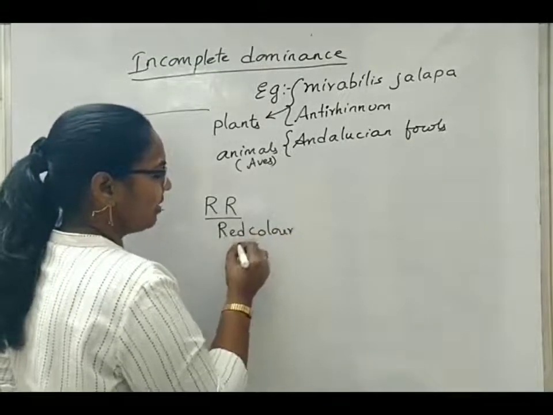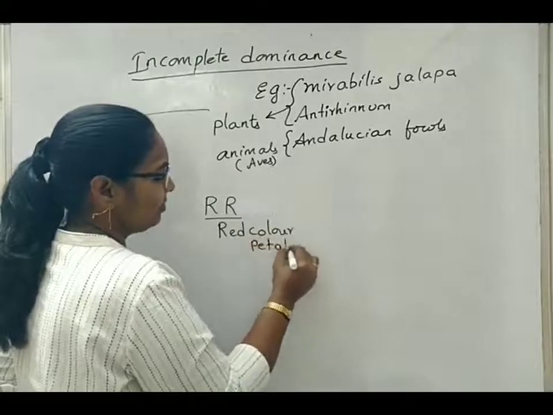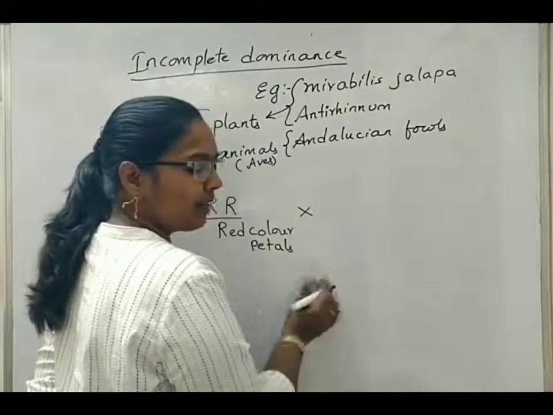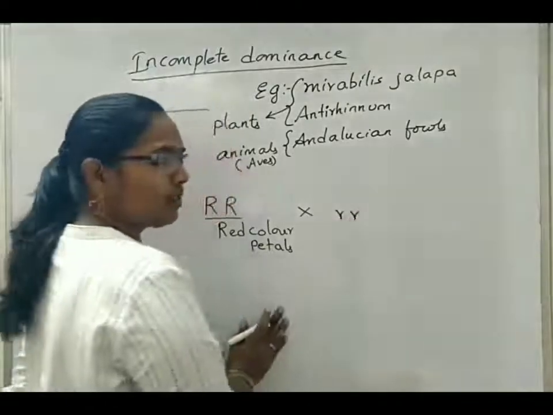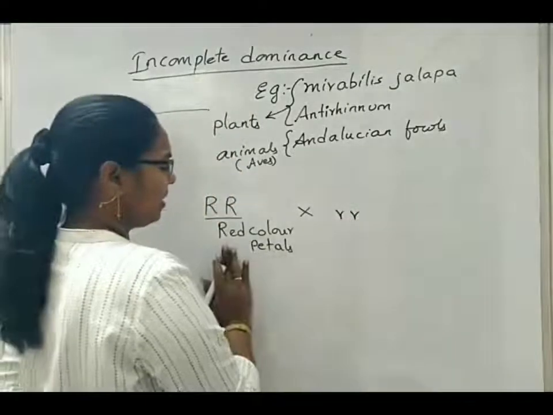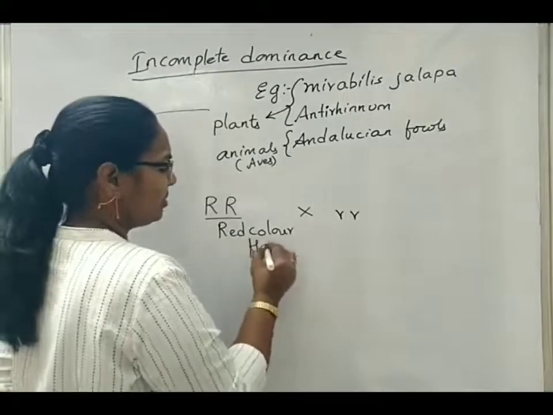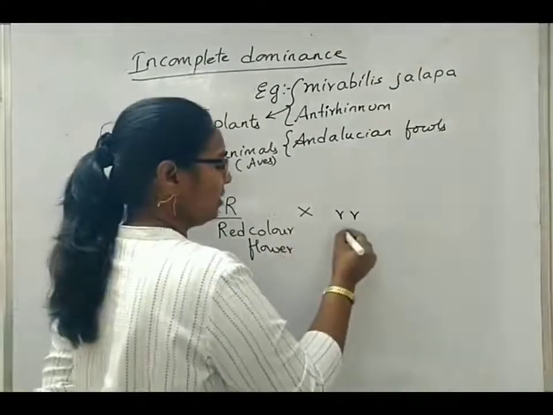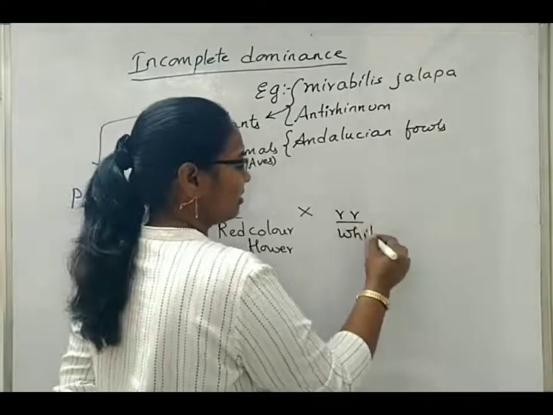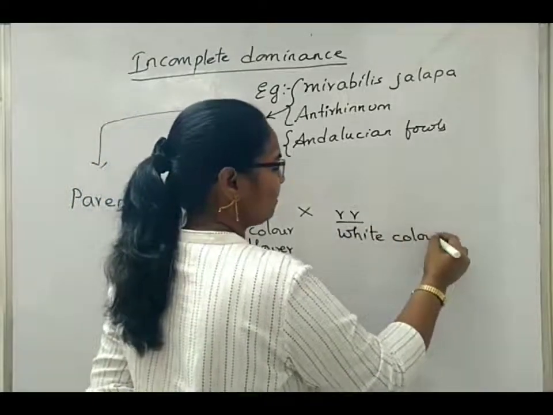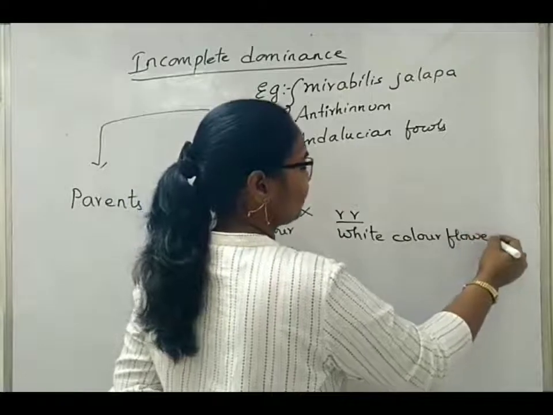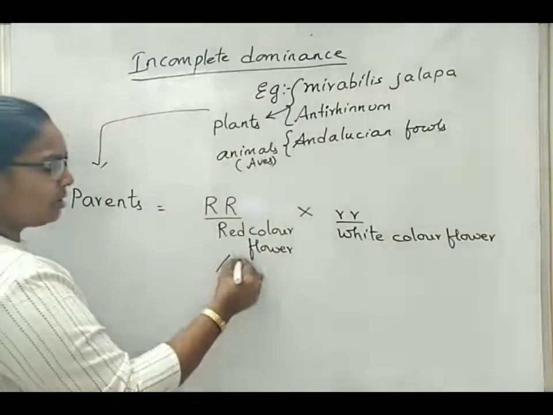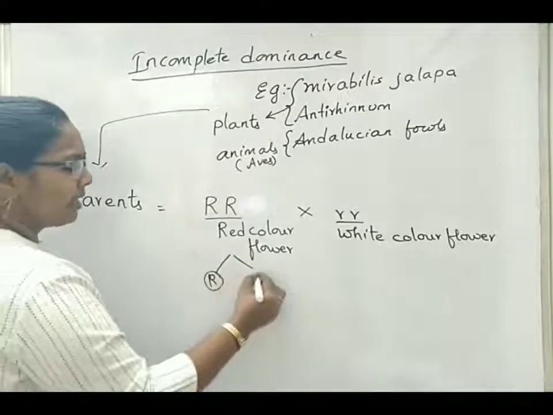It has red color petals. Now, it is crossed with the recessive one, represented with small letters. We can also call it a red color flower, because mostly we see the petal colors as red, so I have written it here. This is considered a white color flower.